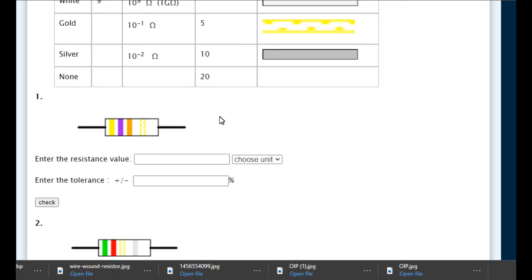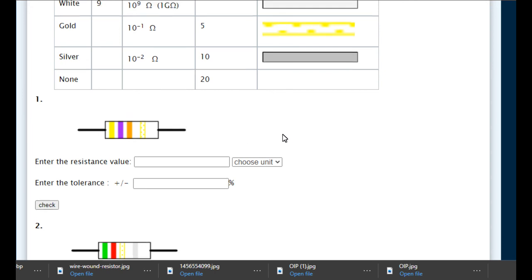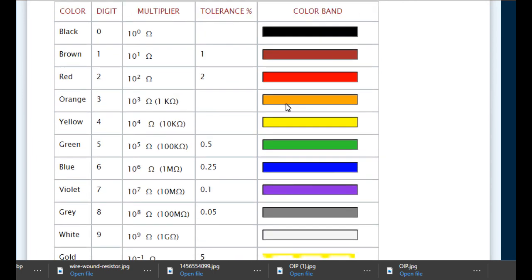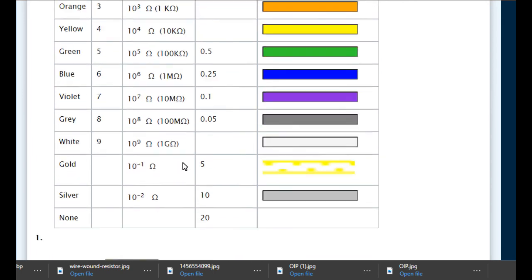So let's try it from the first one. The first color is yellow, the second one is violet, the third one is orange. Confirm from here, this is orange.